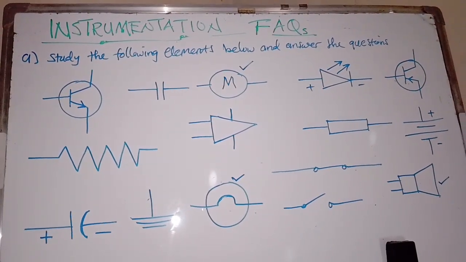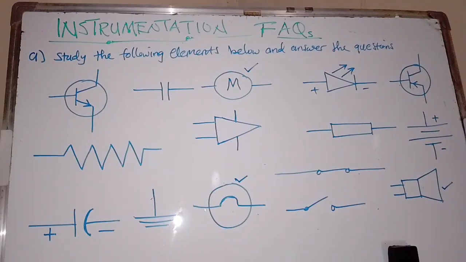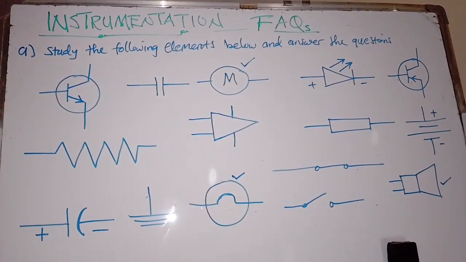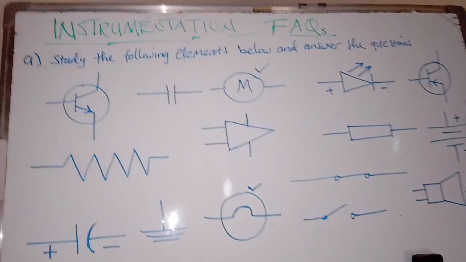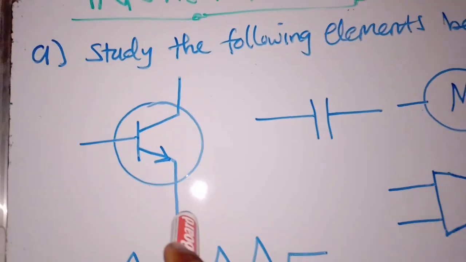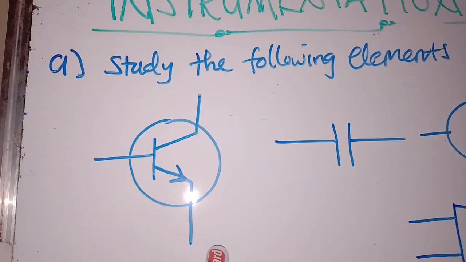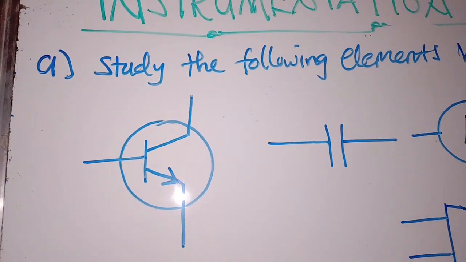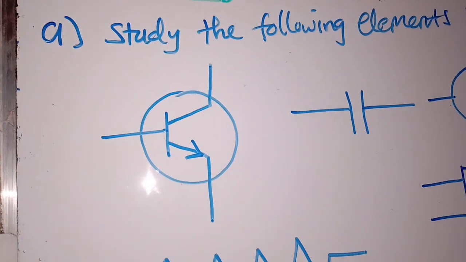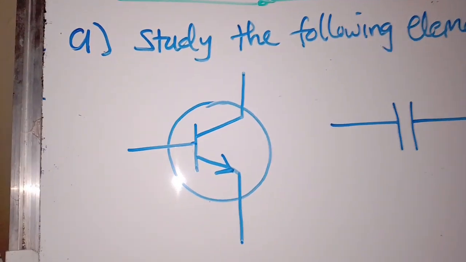The other work, you have to identify each of the following elements and know the symbol and what it does. For example, we have this component, which is what? PNP, okay?